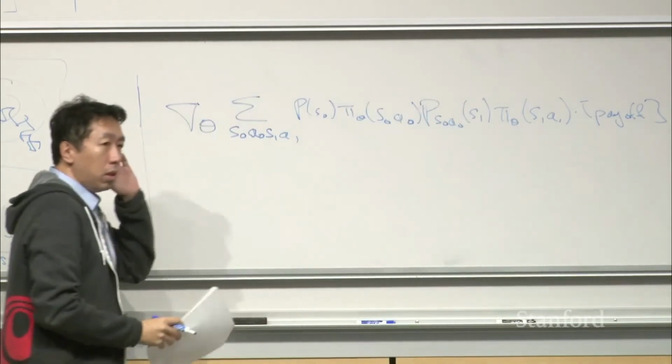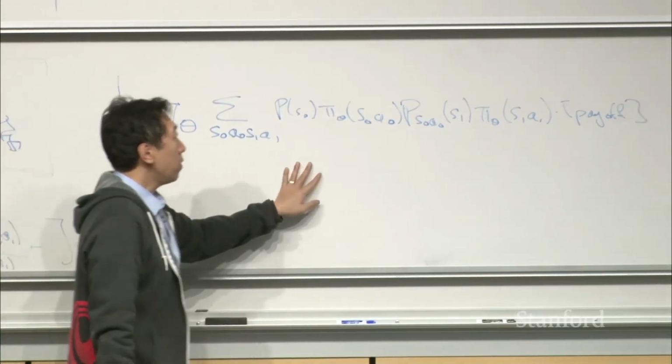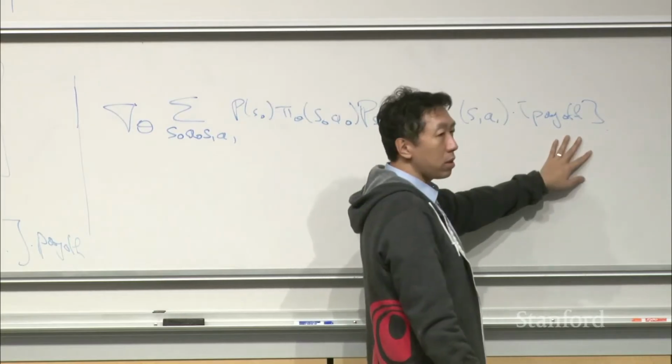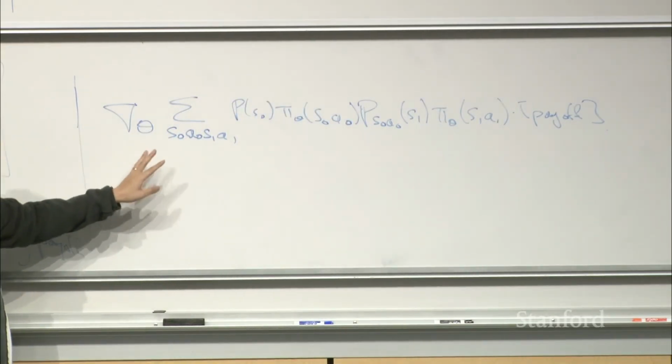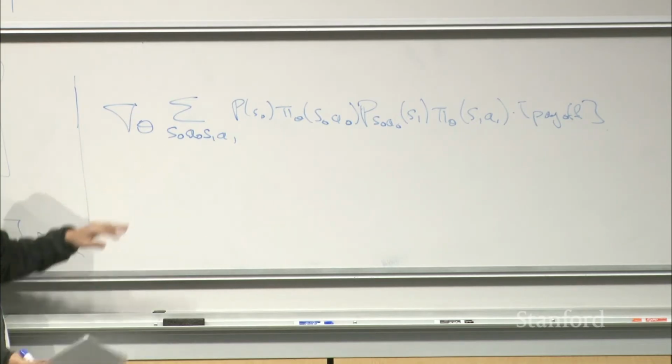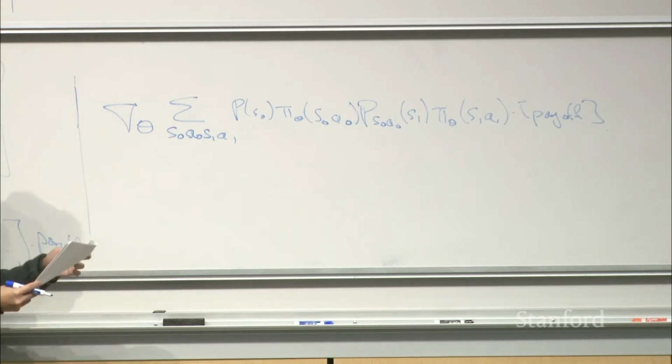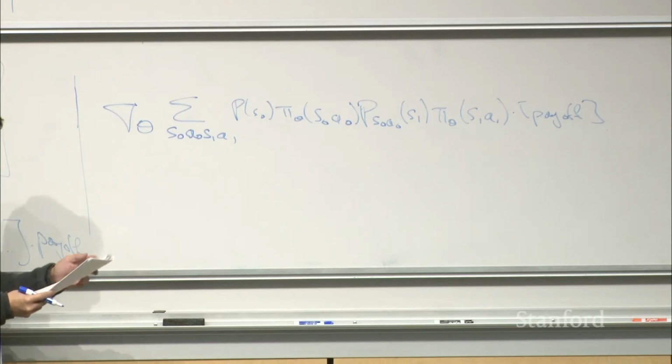So there's a chance of going through that state action sequence times the payoff. And so we want to take derivatives of this so we can go uphill using gradient ascent. So we're going to do this in 4 steps.